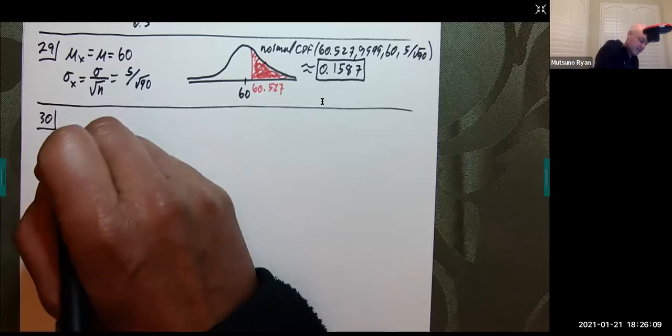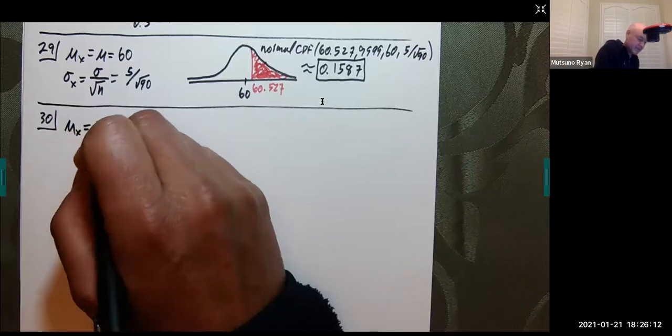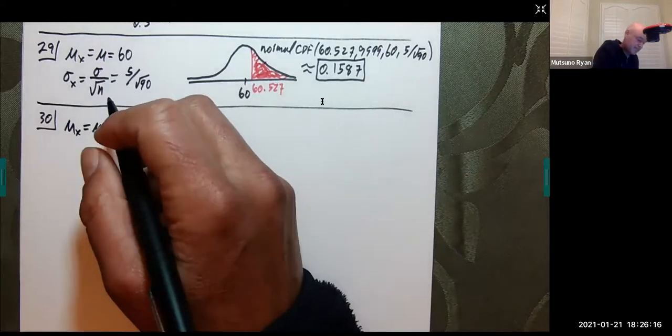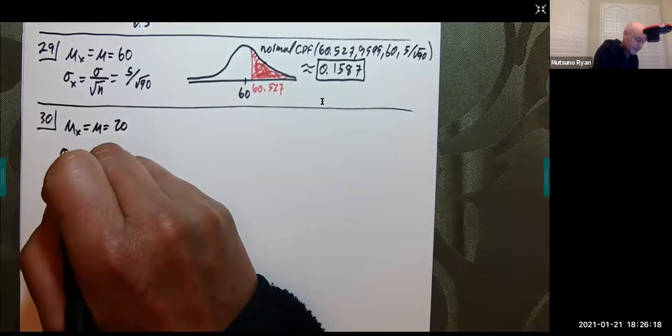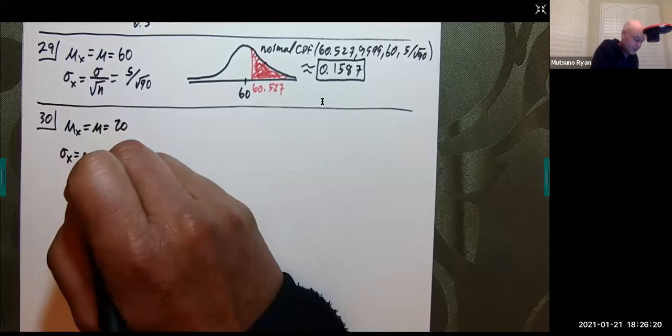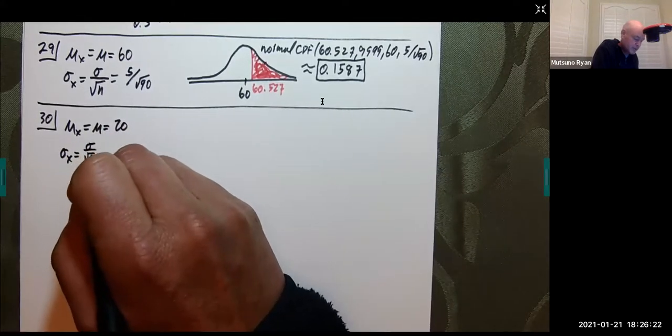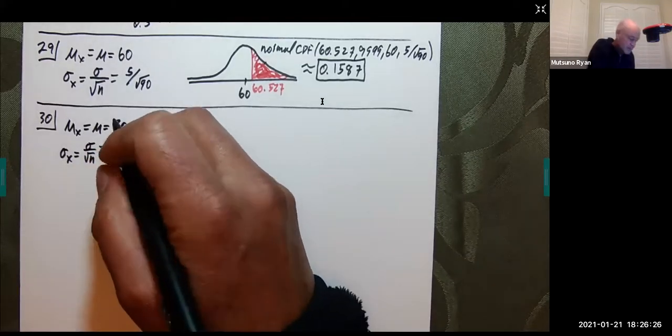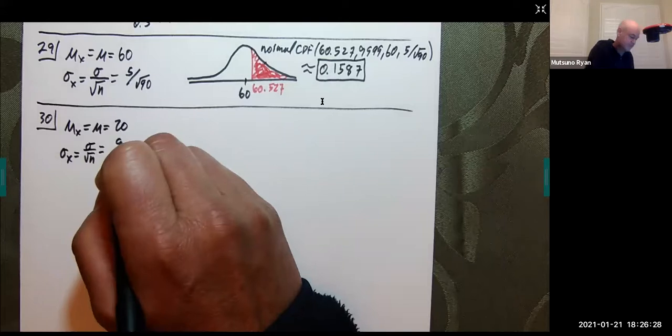So this means that my mean stays my mean, which is 20. Standard deviation, however, because of the central limit theorem, changes to 9 divided by the square root of 9.